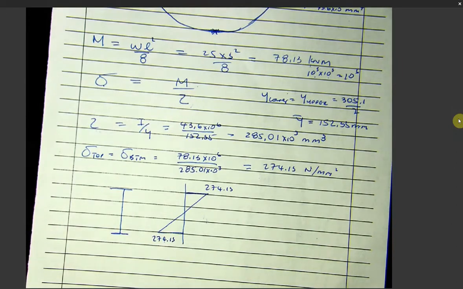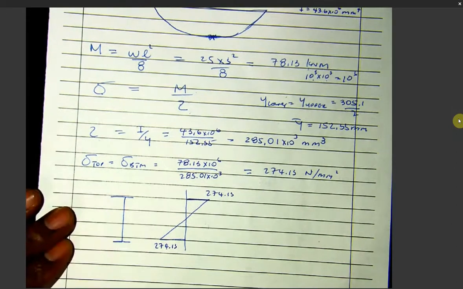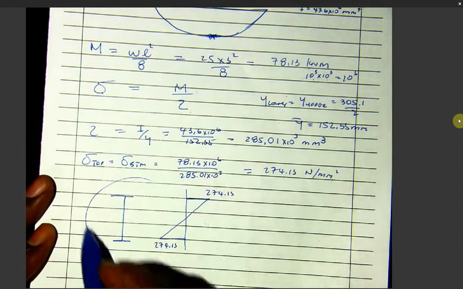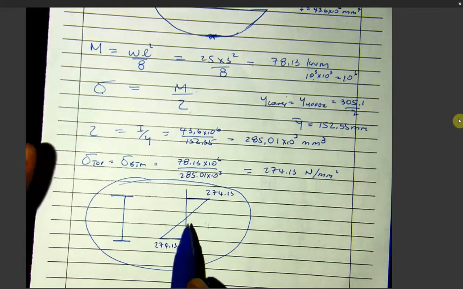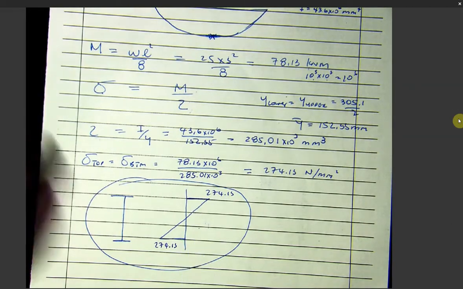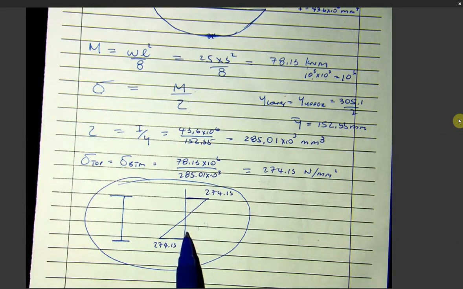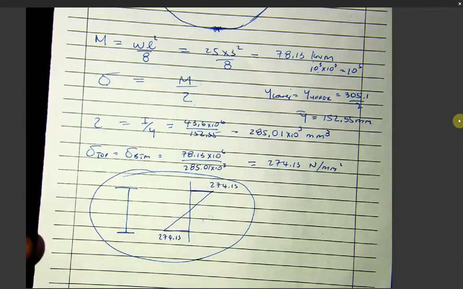No, let's not go there yet. At least I won't be expecting you guys to draw this stress for now. If I explain further how you go about drawing these, then you'll be expected to draw it. If I don't explain it further, then don't worry about drawing the stresses. So that's how you calculate the bending stresses.